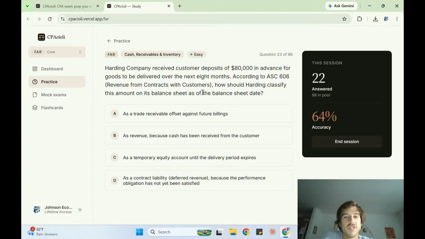Receive customer deposits of $80K in advance for goods to be delivered over the next 8 months. How should Harding classify this amount on its balance sheet at the balance sheet date? In advance shouldn't be revenue.